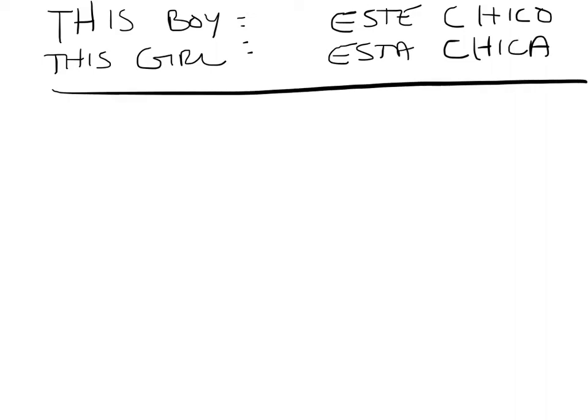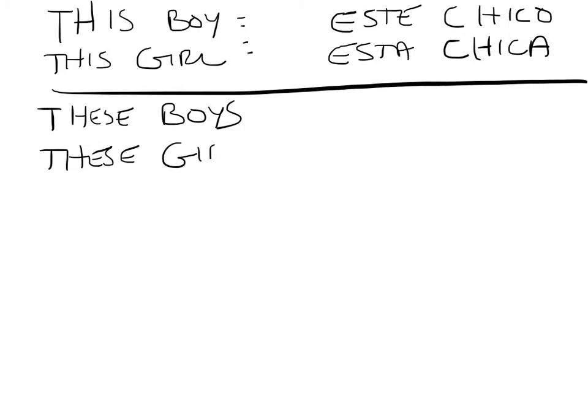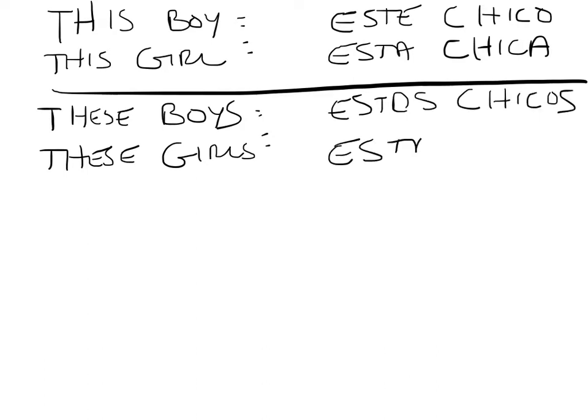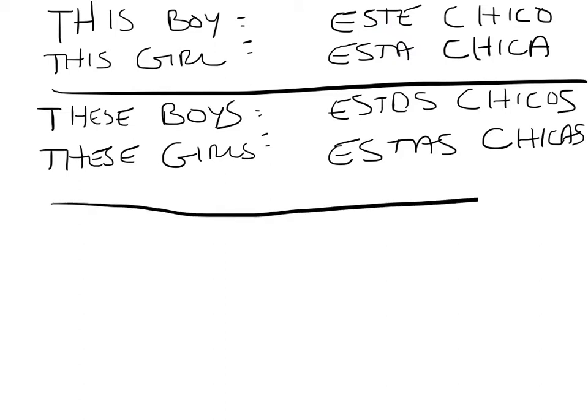If I were to say these boys or these girls, I would say estos chicos or estas chicas. Now remember what I said. This and these both have T's. So that and those do not.